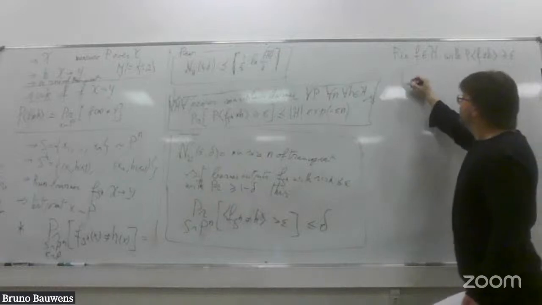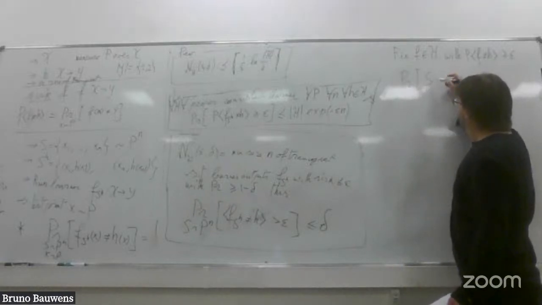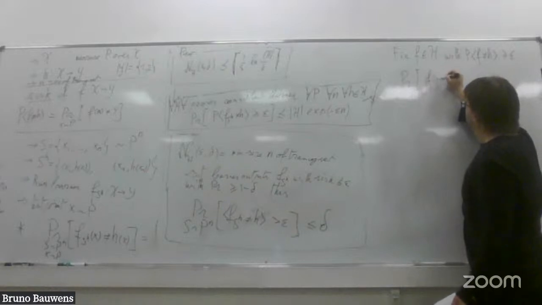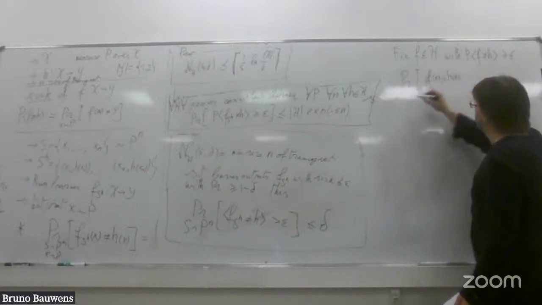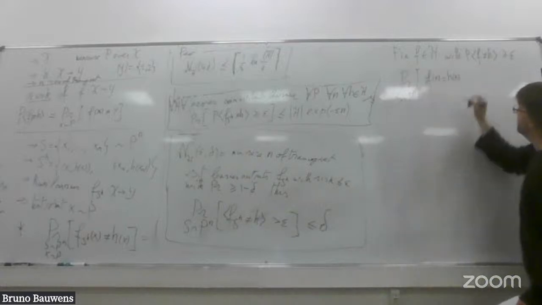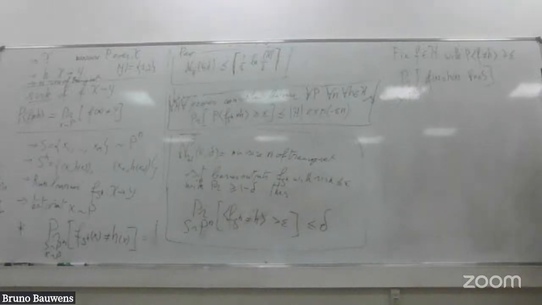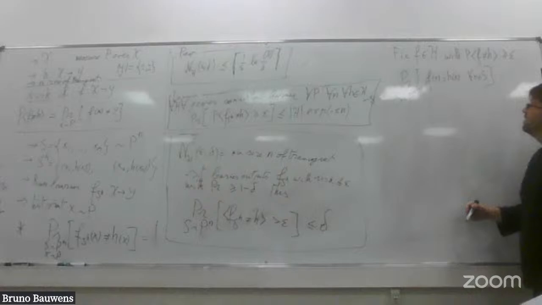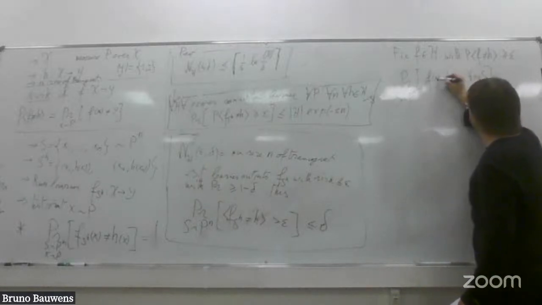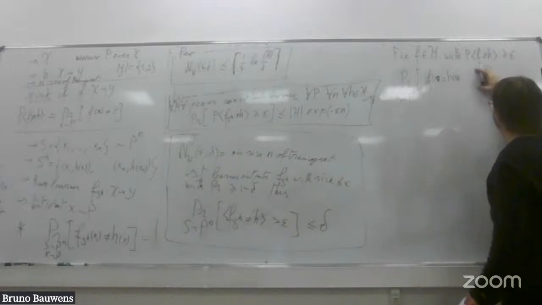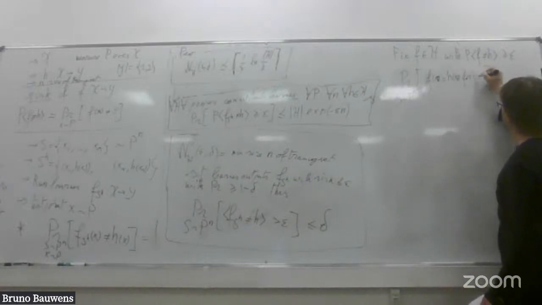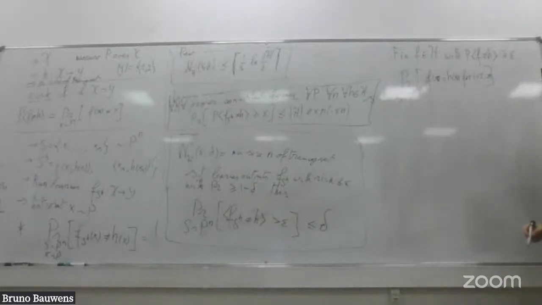And so let us look at the probability that f(x) equals h(x), the probability over generating the training set, that f(x_i) equals h(x_i) for i from 1 till n. The probability that this happens for the first input is at most 1 minus epsilon.